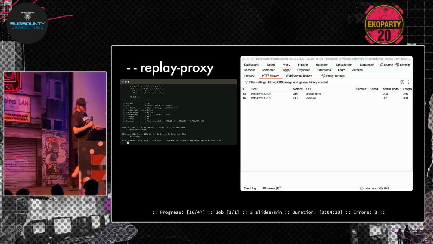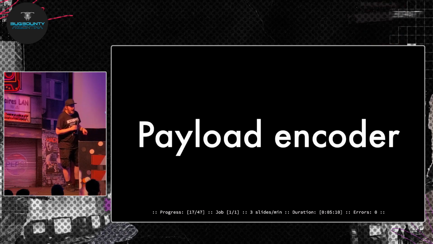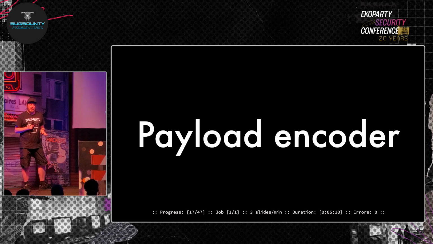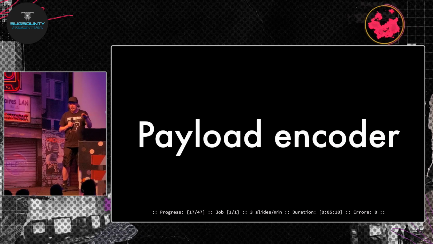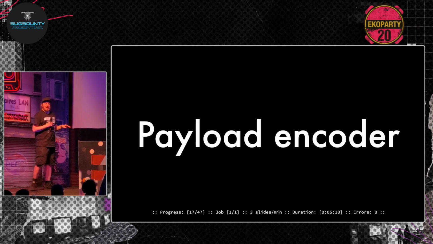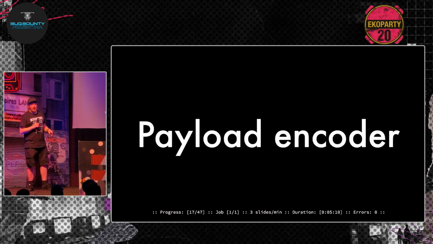Okay, so that was the first thing. Next thing is a payload encoder. How many of you know that this feature exists in FFUF? 1, 2, 3, okay. Pretty much what I expected, because apparently, I'm sorry everybody, I forgot to tell anyone about this feature.